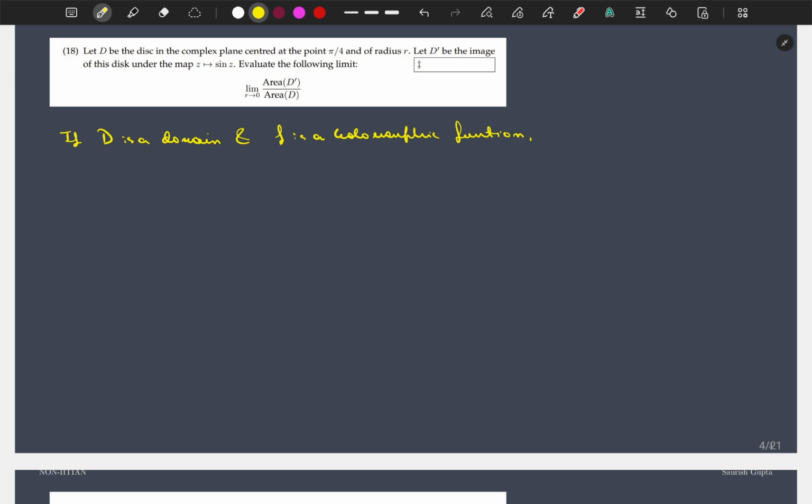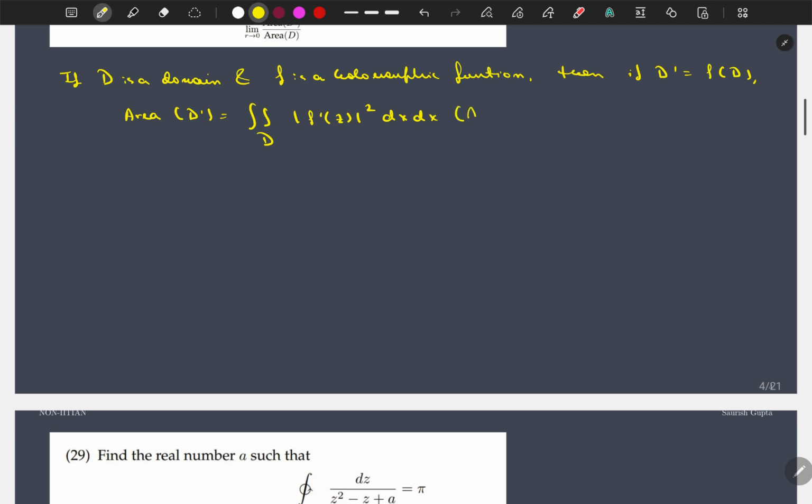Nevertheless, if f is a holomorphic function, and we denote D' as the image of D, then the area of the image of D is given by the double integral over the domain D of |f'(z)|^2 in terms of both the coordinates x and y. This is what we call the theorem of area transformation.